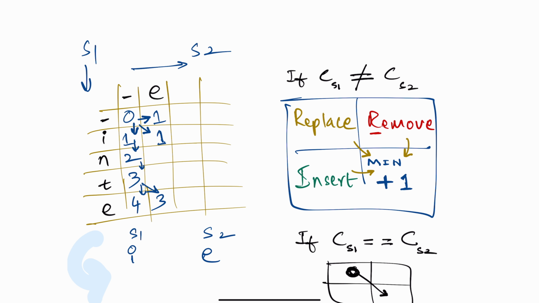Let me write this one. Since this is N, this is E, so what will be the value on this DP cell? It will be plus 1. So this value plus 1, it will be 2. With T and E, yes, I'm going to replace, so it can be a third operation.